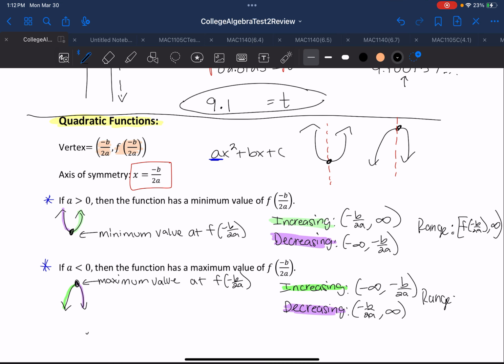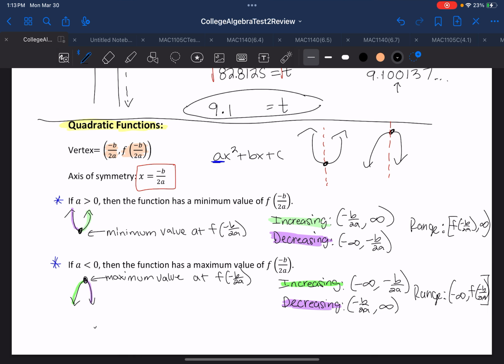And when the parabola is opening down, the range will start from negative infinity and go up to the y value of our vertex. So if you can remember, or if you understand what this means, you can just put this on your flashcard. So just knowing the vertex of a parabola tells us a lot about it.